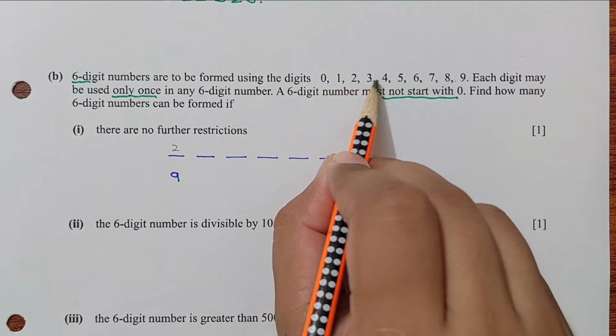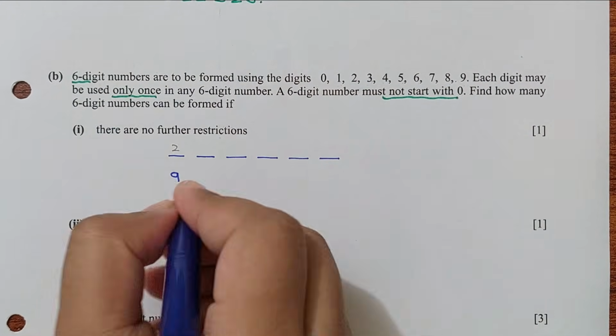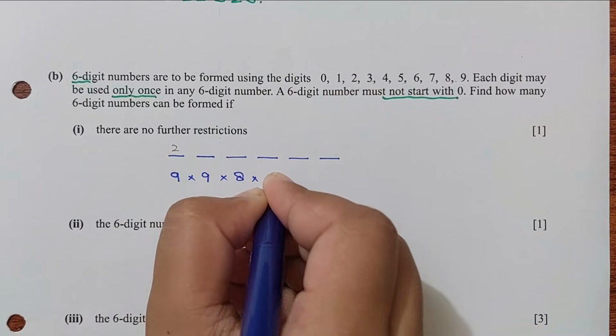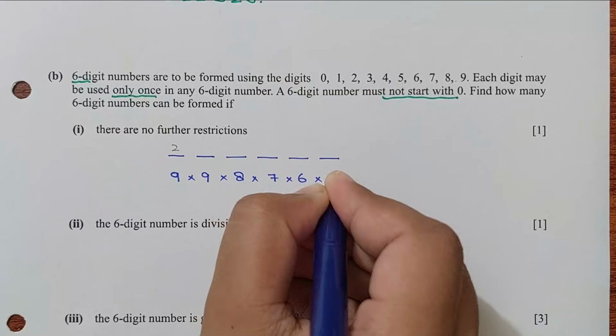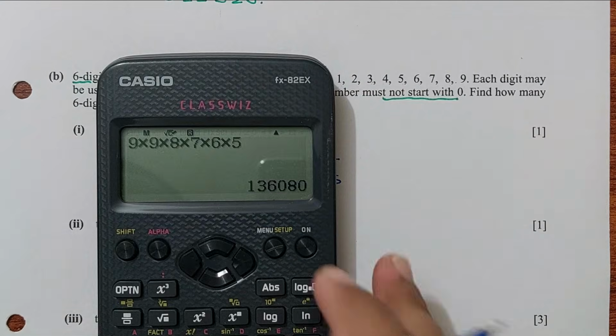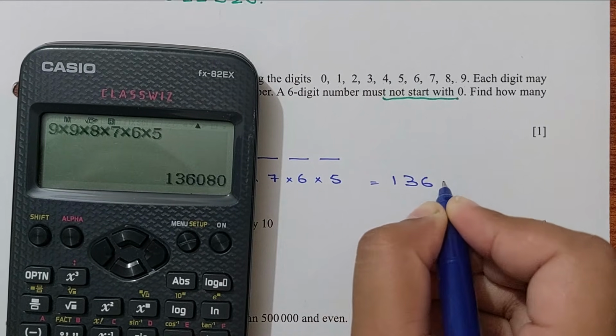Again 9 options are left. And then we are left with 8 options, 7 options, 6 and 5. So this is 9 times 9 times 8 times 7 times 6 times 5. This would be 136,080.